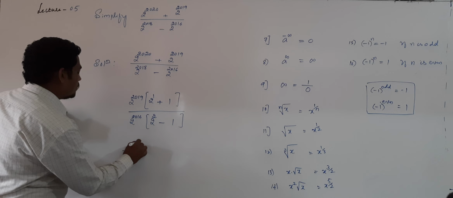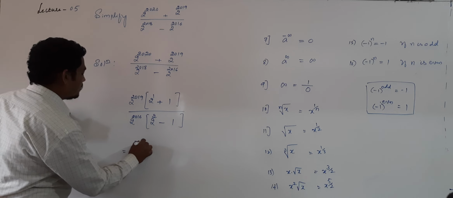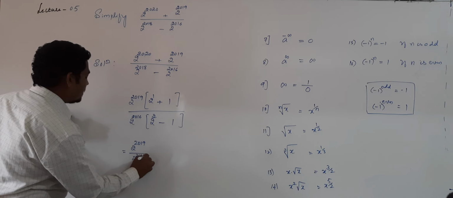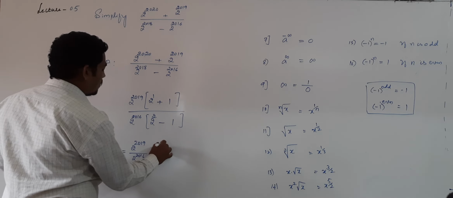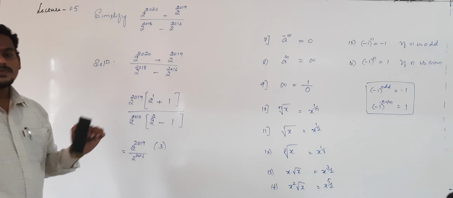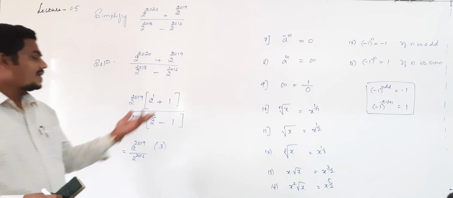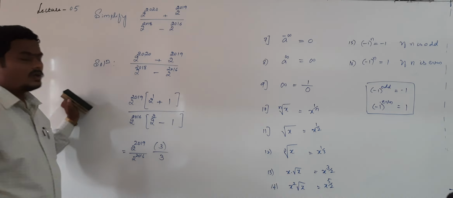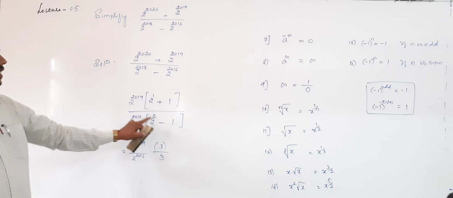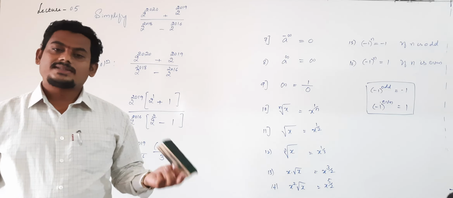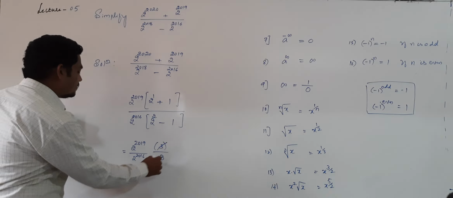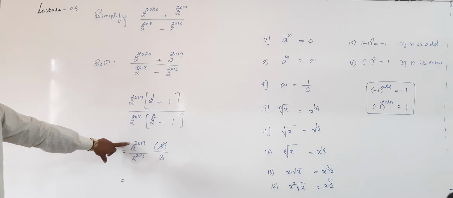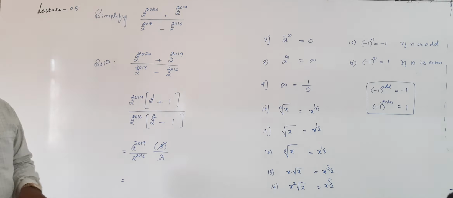Now, 2 power 2019 into 2 power 1 plus 1, divided by 2 power 2016 into 2 square minus 1. 2 power 1 is 2 only, 2 plus 1 is 3, divided by 2 square minus 1, which is 4 minus 1, 3. The 3s get cancelled. After that, it is just like a power m divided by a power n.